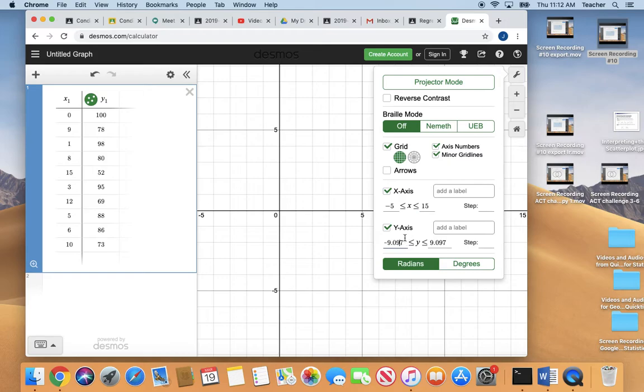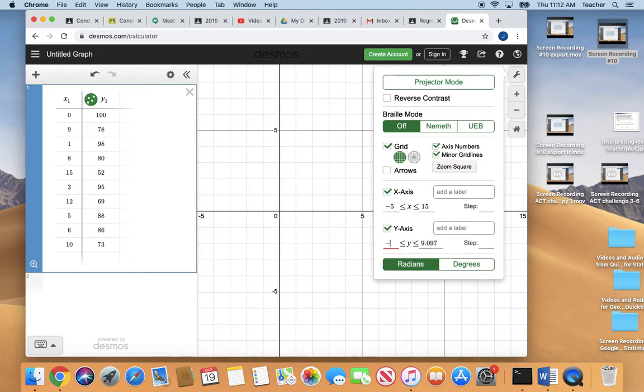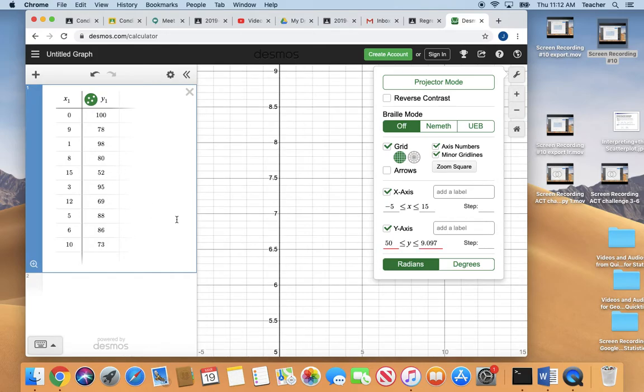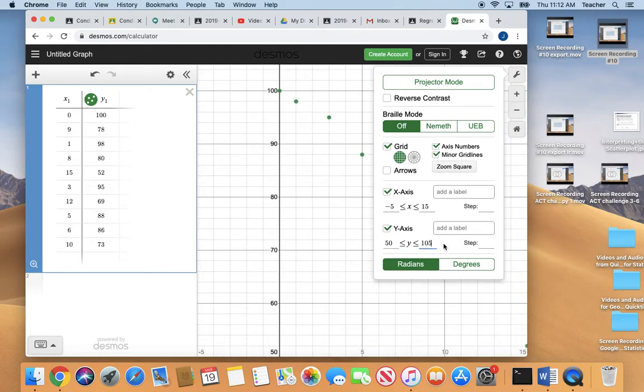For my y's, 52 is the lowest y value, so maybe I'll go from 50 to 105, and maybe I'll go by 5s.